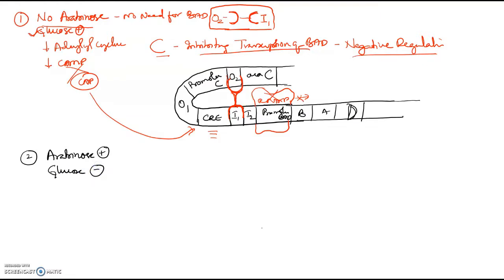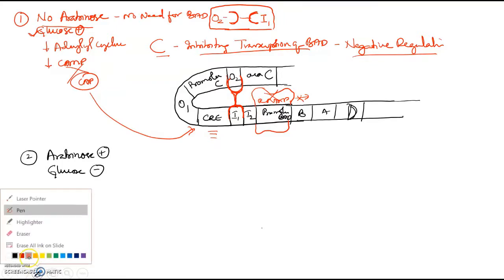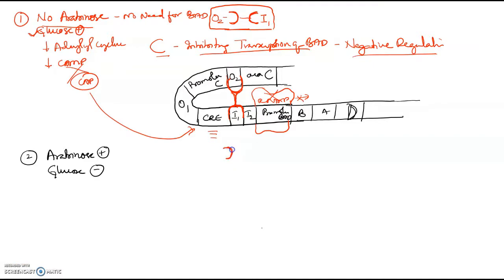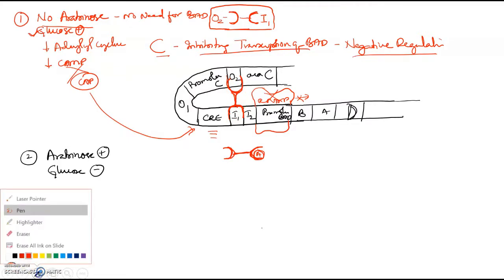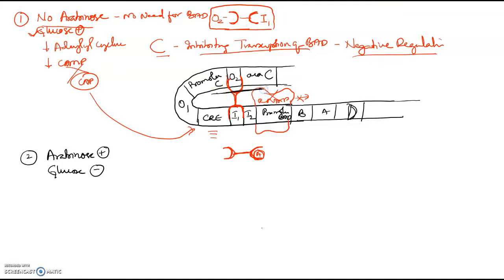When arabinose is present, the C protein will bind with arabinose and to the inducer region, and it will release this part. It will release this part because arabinose has come and bound here.